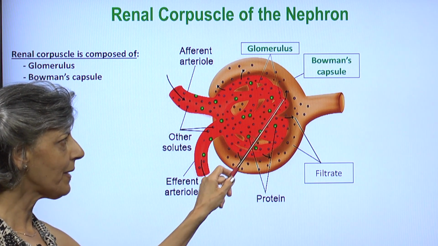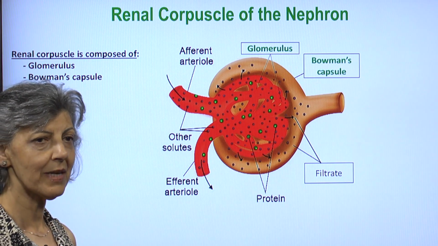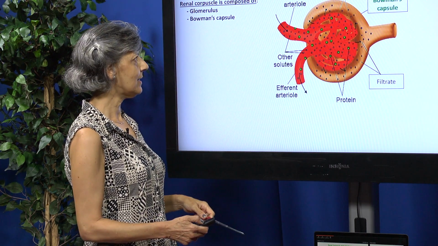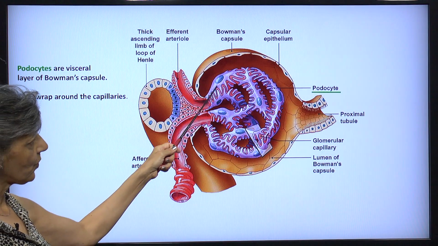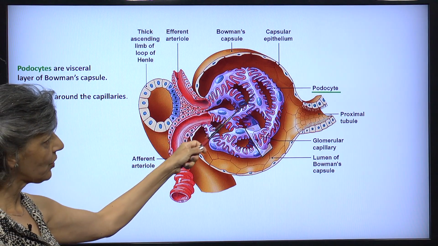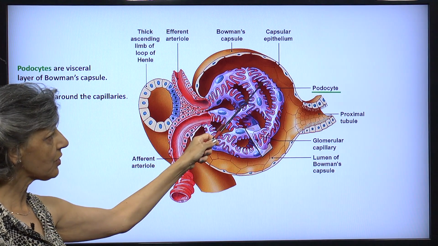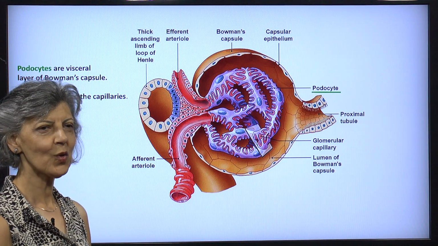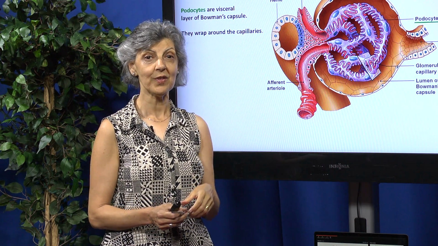So this is actually where filtration occurs. Now we need to pay attention to this membrane here, the filtration membrane. So we're going to make it a little bigger to learn the details. When we look at what surrounds the glomerular capillaries, we will find that there is a very special cell called the podocyte. Why do we call it podocyte? It's really a cell that has foot-like processes.